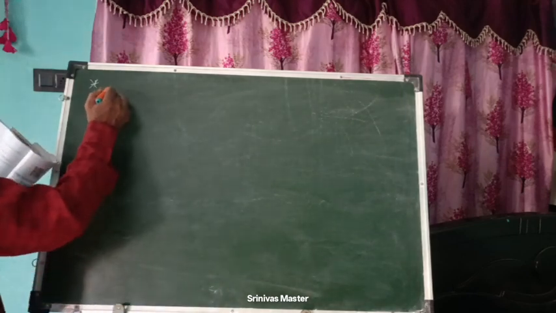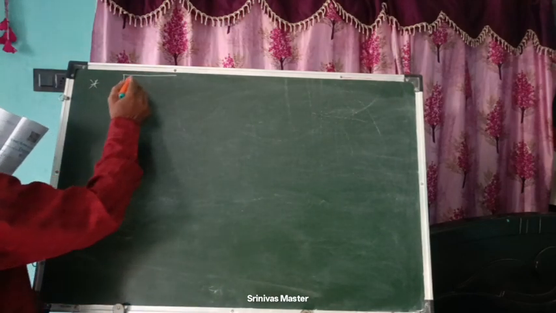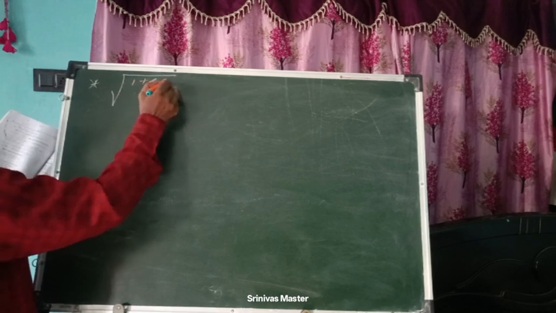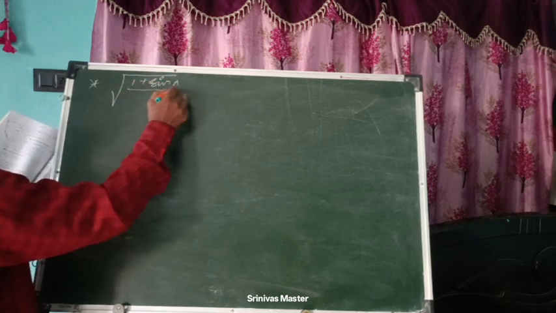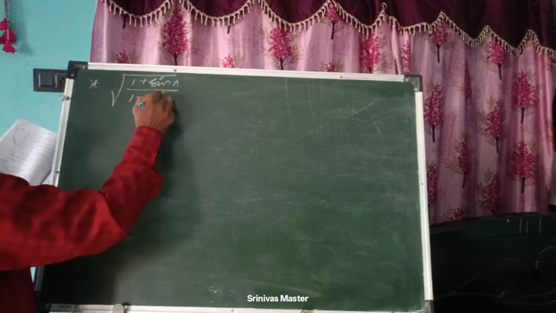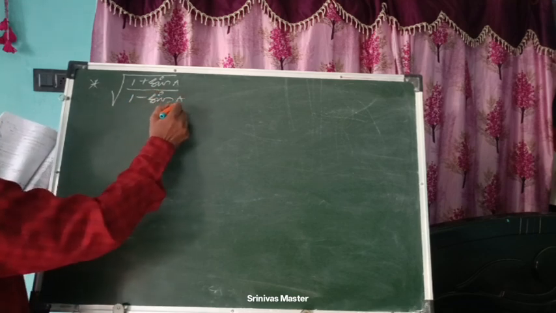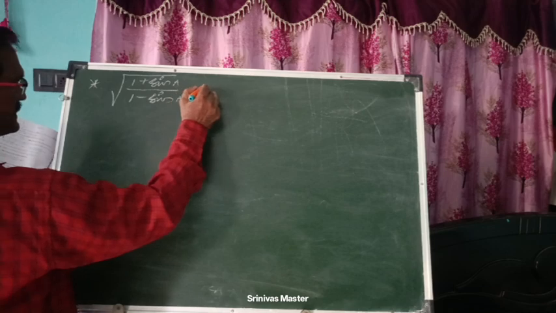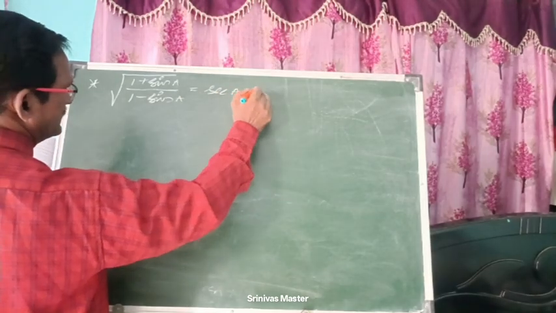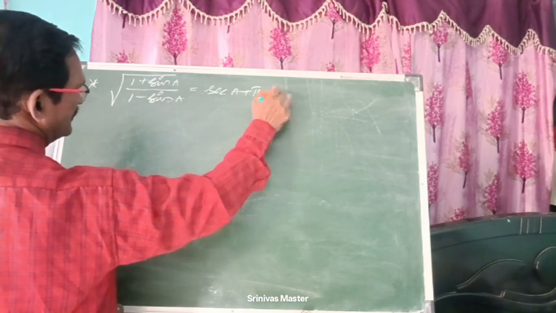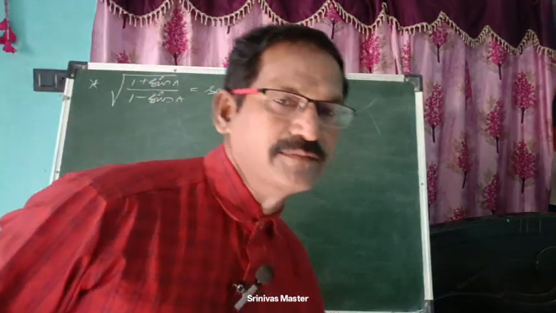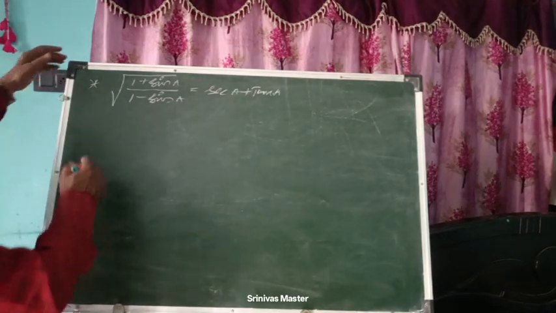Square root of 1 plus sin A by 1 minus sin A equals sec A plus tan A. Take the LHS, then you can prove the RHS.